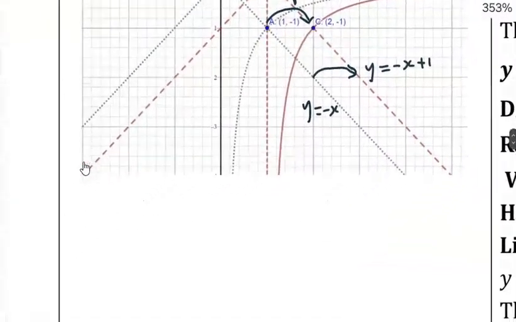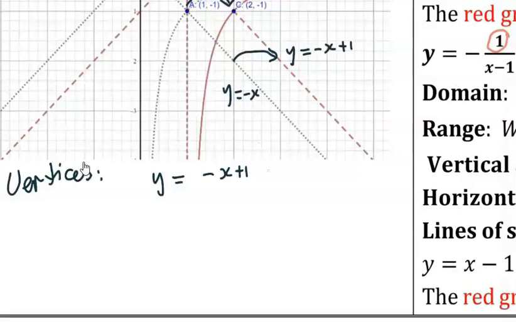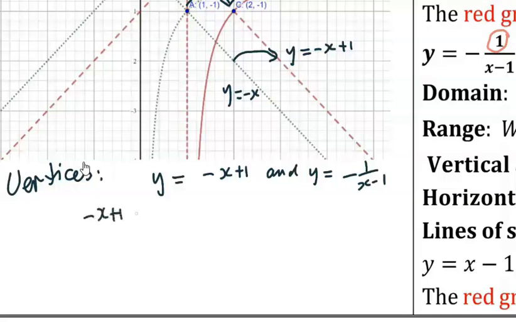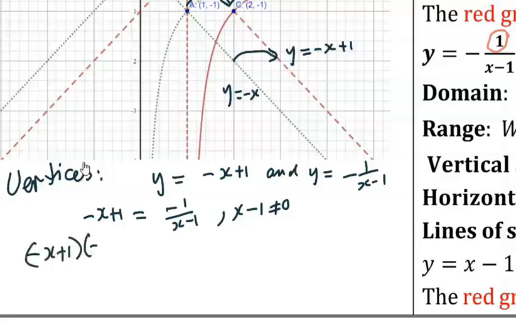To solve for my vertices, y equal to minus x plus 1 and y equal to minus 1 over x minus 1, I must solve that simultaneously. So I will have minus x plus 1 equal to minus 1 over x minus 1. We can do it like this. Remember, x minus 1 is unequal to 0, so I can multiply by that. So I get minus x plus 1 times x minus 1 is equal to minus 1.